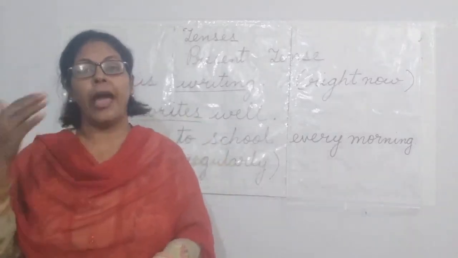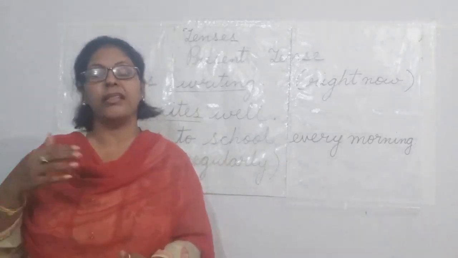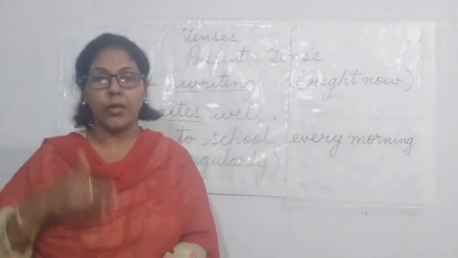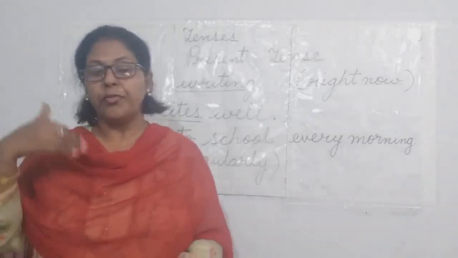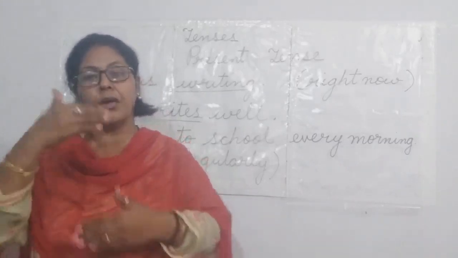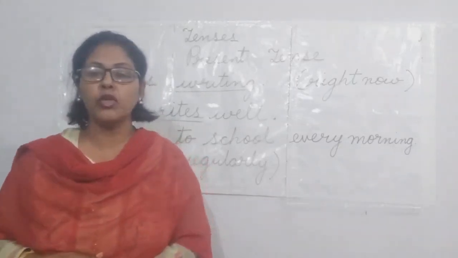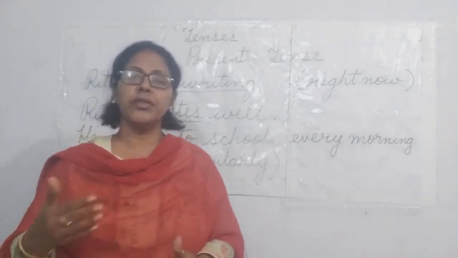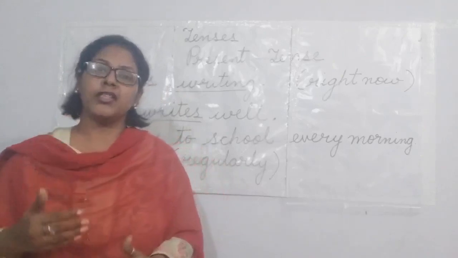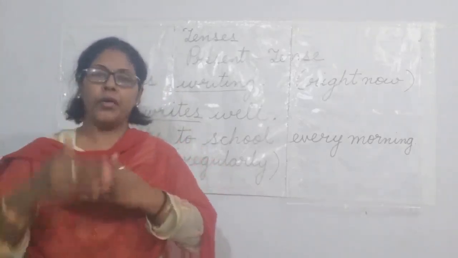When we talk of actions done in the present, we mean that the actions are taking place right now. It also means that the actions take place regularly, now and then, every day. So we have a few sentences here which show that the action is taking place right now or is taking place regularly.